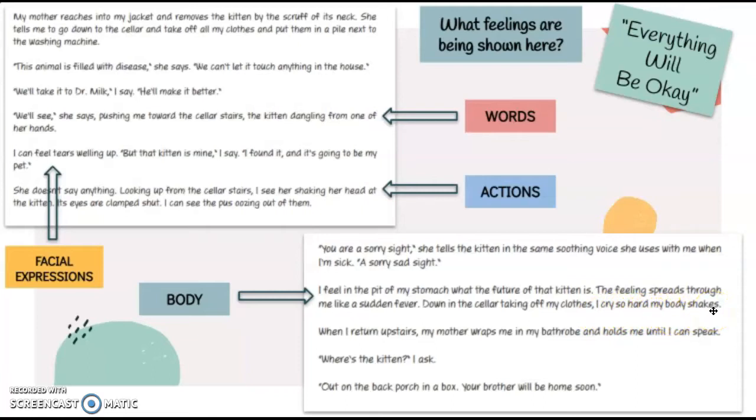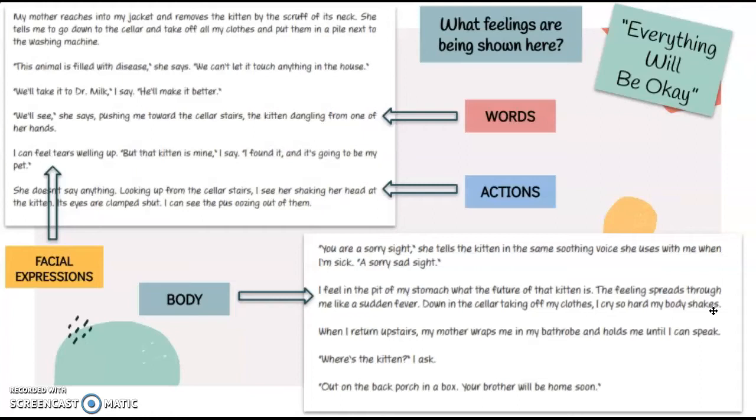All of those really rich details tell us that he is emotional, and we can see that he's sad and upset and probably filled with dread about what's going to happen to this kitten that he feels so much emotion toward. We see how he's able to insert these emotions in a smooth way.